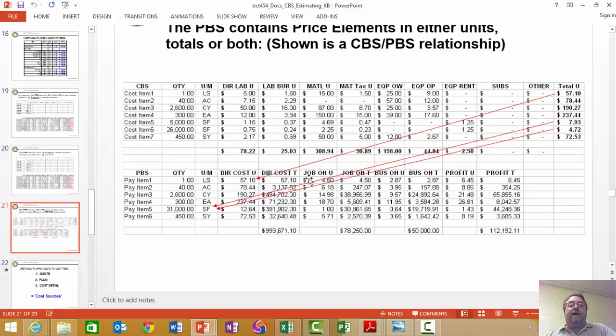So job overhead, each pay item has to carry a share of both job and business or corporate overhead. How do you spread that? How do you know how much each pay item carries? Percentage of what? I agree, a percentage.